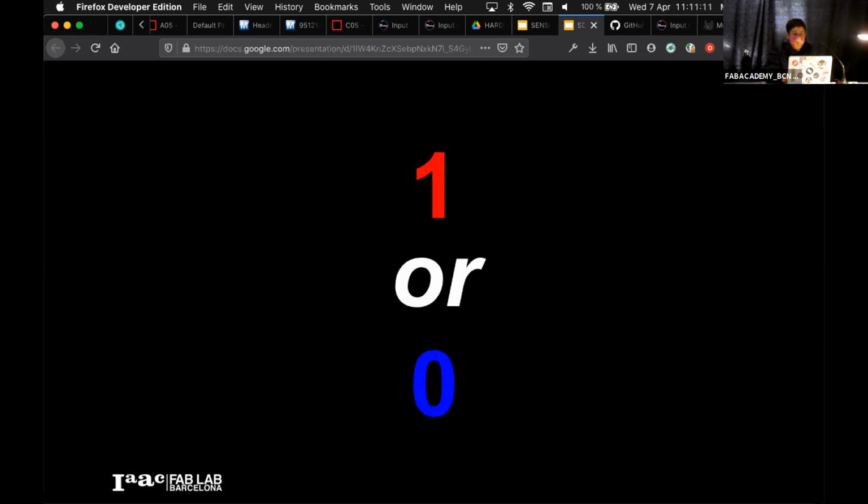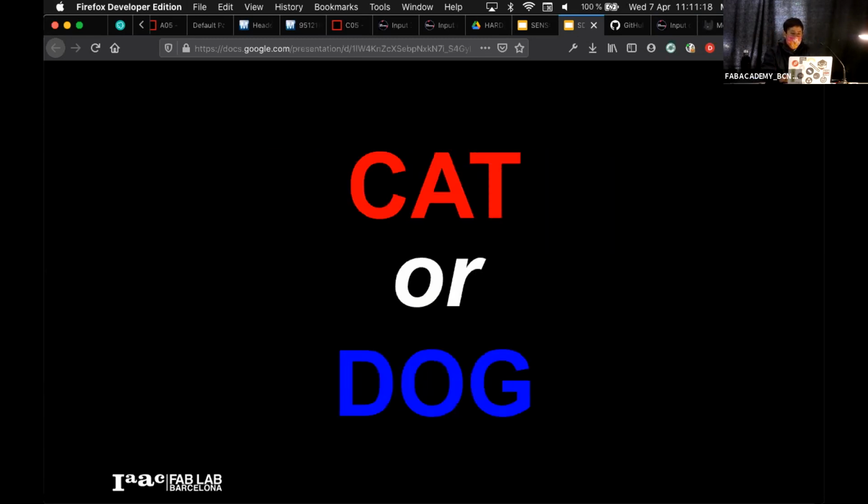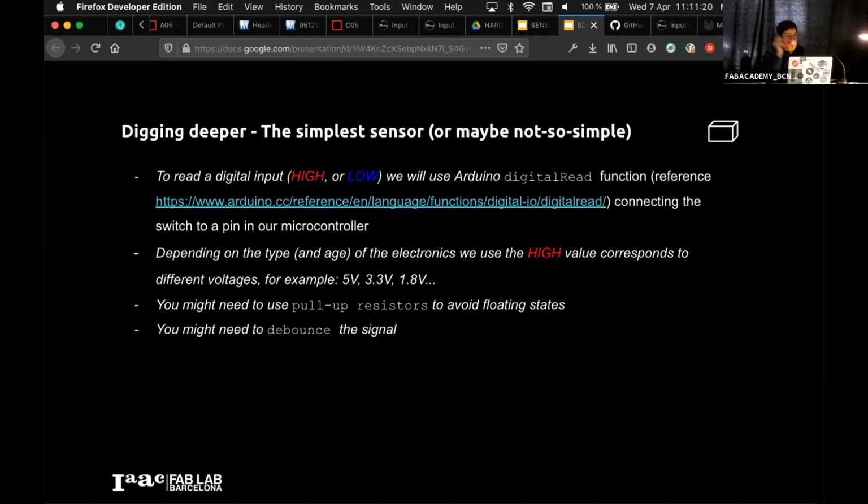So the simplest sensor, from my point of view, is a switch. How do we read a switch? To read a switch, you use the Arduino function called digitalRead. We already did a little bit more advanced reading with registers in the academy, that we're not going to come back to.